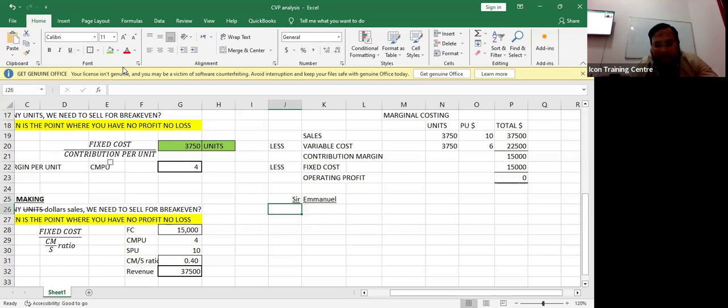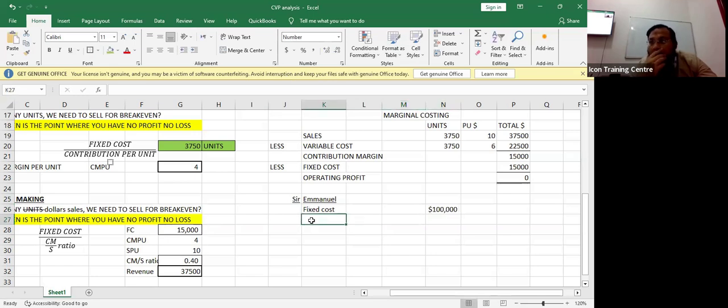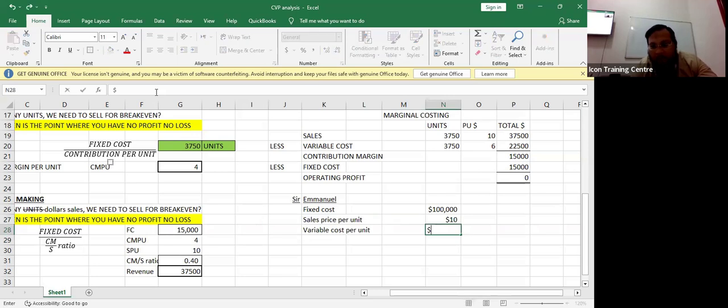He says, my fixed cost is $100,000. My sale price per unit is 10. And my variable cost per unit is 4.